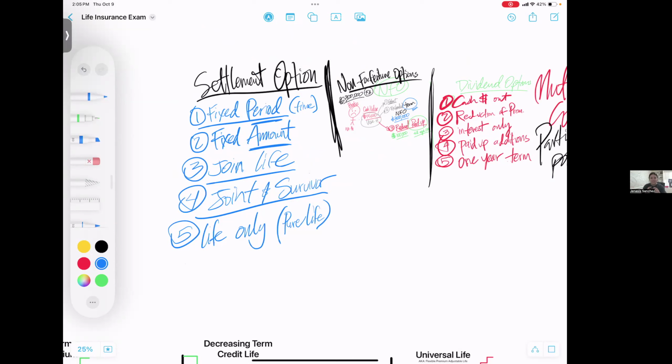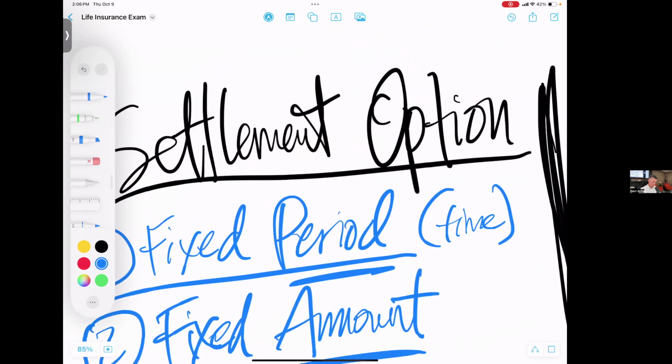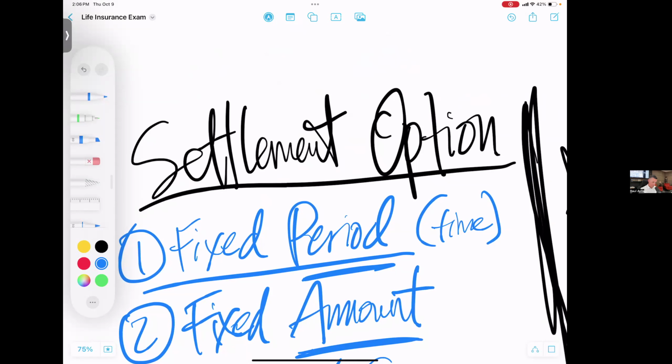Like you had to purchase it. No, riders are a whole different ball game, okay? This is how do you want your money right here. Settlement options is how do you want your money? That's after the fact. Once the money's saved up, once the person dies, how do you want your money?